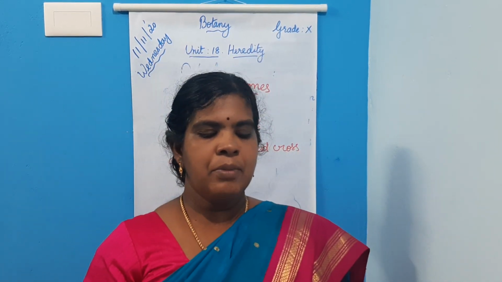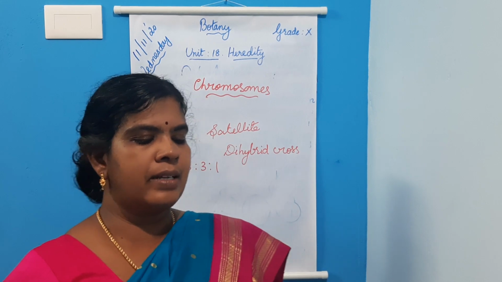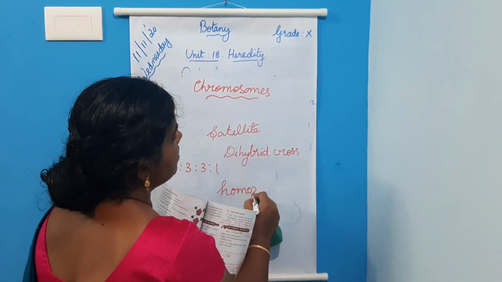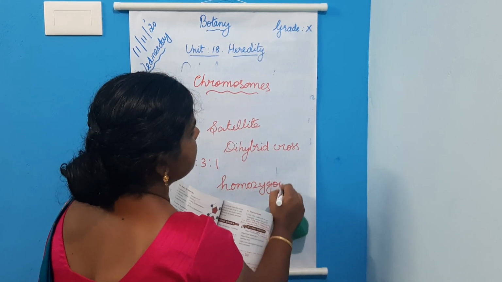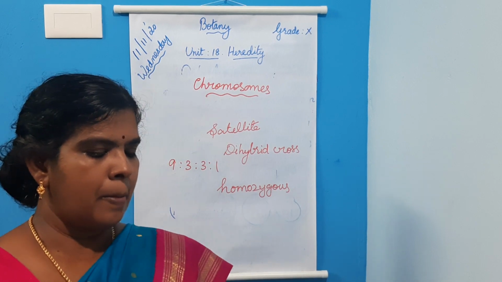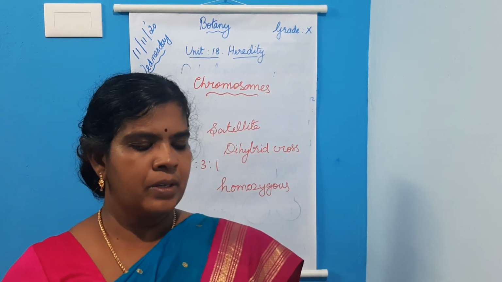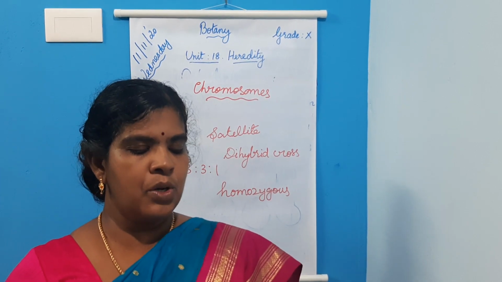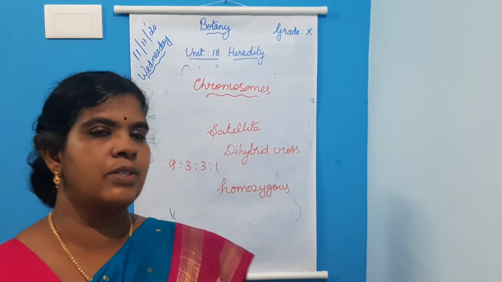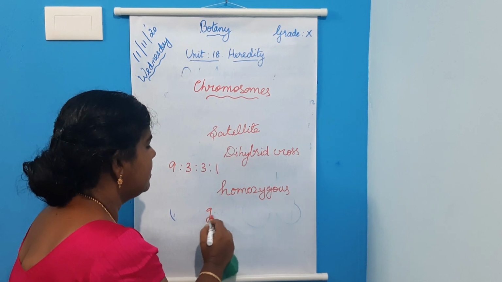Then number 2, name the condition when both alleles are identical. Homozygous. Number 4, since 3 is written already, what is the name given to the segments of DNA which are responsible for the inheritance of a particular character? Genes.